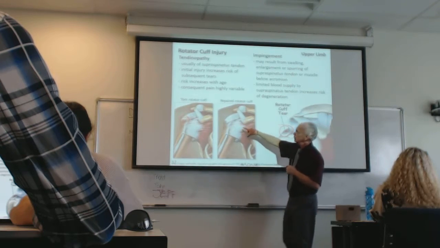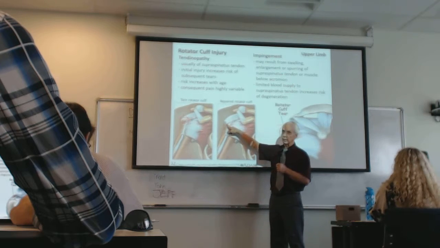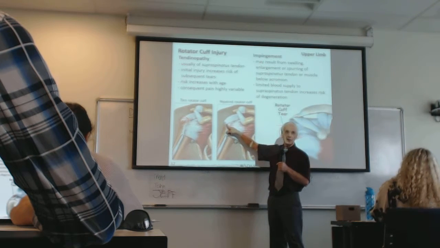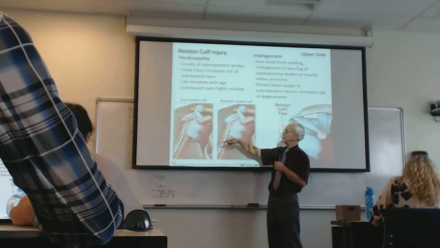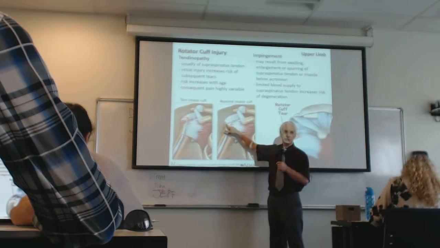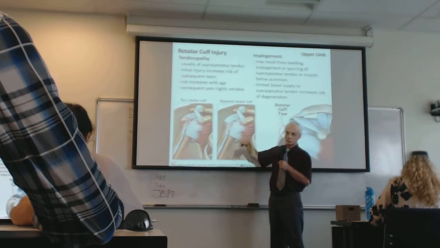So my point is, this would be a very conservative treatment. Probably would not be designed for a person with a long life ahead of them that's very active, and you know that they're going to be active, mainly because this is going to rip away.